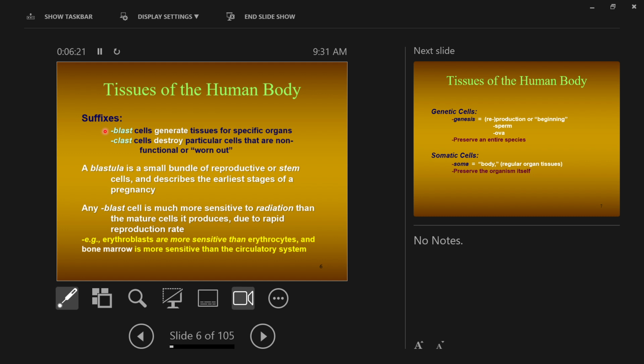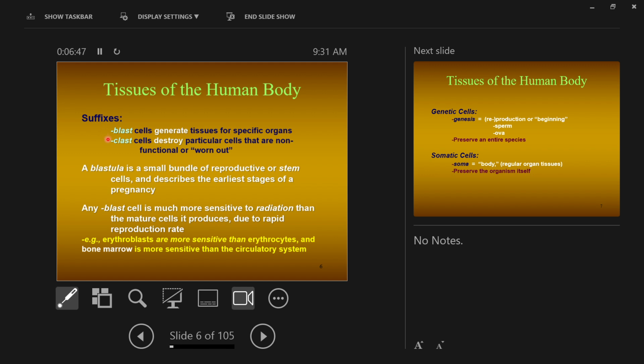We talk about the degree of differentiation or specialization that cells have and how that affects their resistance or sensitivity to radiation. So blast cells are going to become very important. They are, as I just said, the immature, undifferentiated, or non-specialized cells of the body, blast cells.